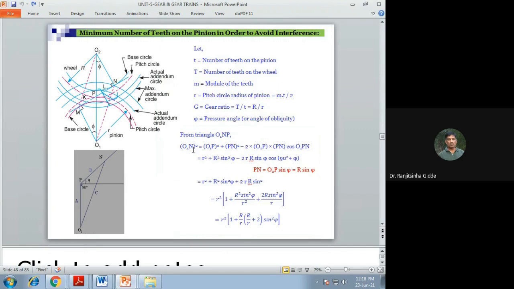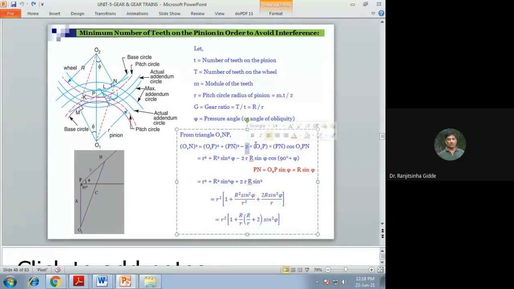So this O1N square, that is c square, is equal to a square, that means this side O1P square, plus Pn square, that is the b side, minus 2 times O1P and Pn, that means b, and cos of this angle.